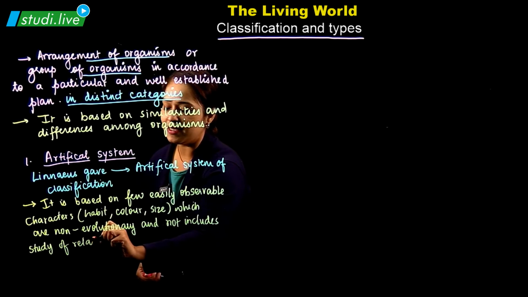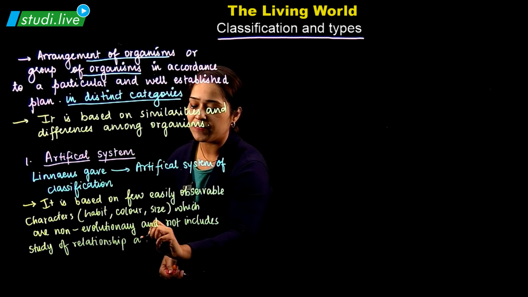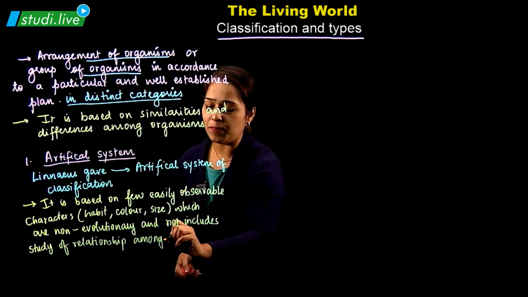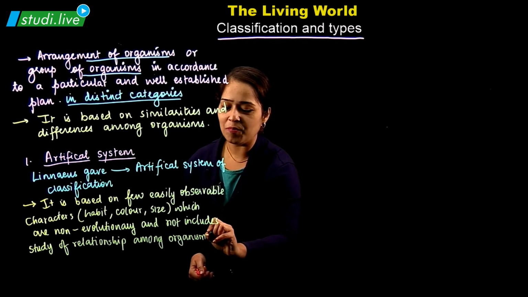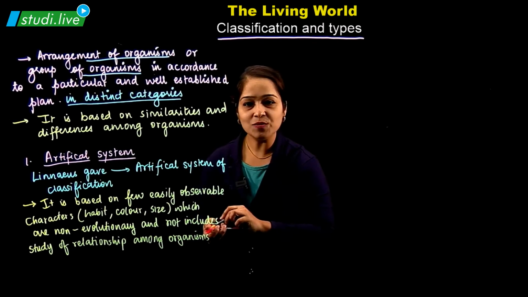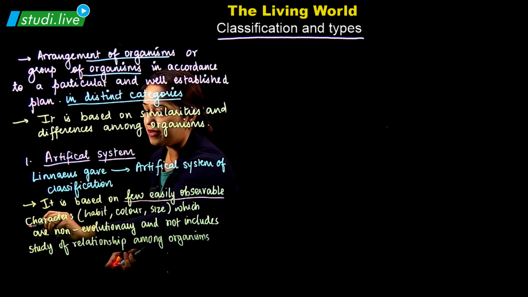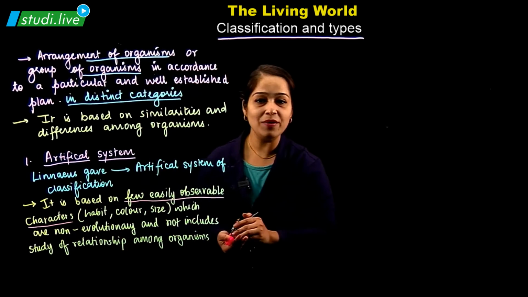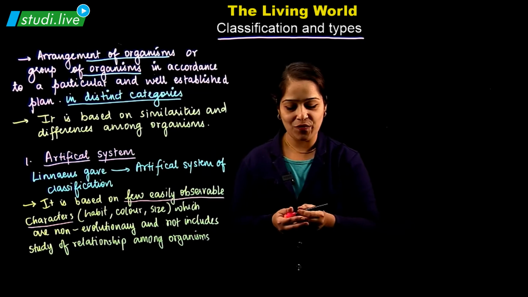So this is the artificial method of classification. What is the most important point over here, students? The most important point is that it is based on a few easily observable characters which are visible. So that is about the artificial system of classification.